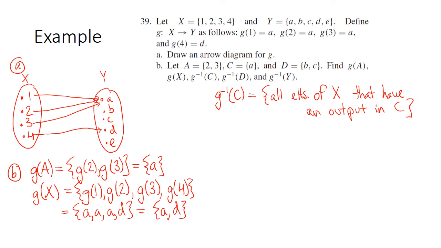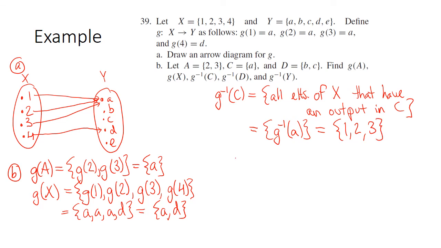So this is all the elements of X that have an output in C. In other words, another way you could think of it is it's g inverse of little a, which is that element that's in C. So it's all the elements that are in the inverse image of a. So what are the elements that give a as an output? This is going to be 1, 2, and 3. So it's all the inputs that give you things in C as an output.